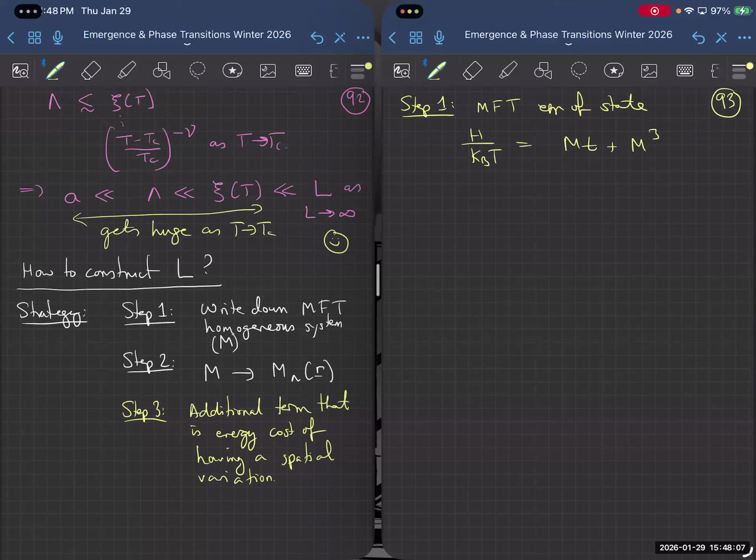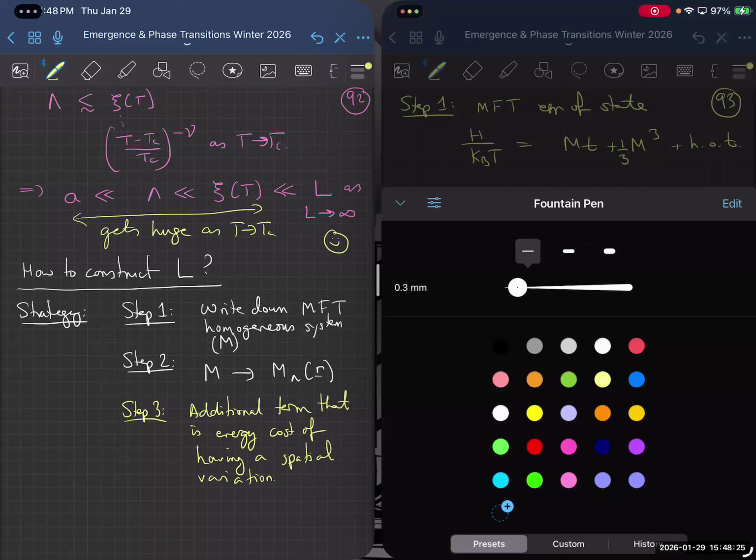And I probably missed out a term here. I know there's a 3 in this somewhere. I'm pretty sure I left out a factor in here. And then there are higher order terms. So that's what we already derived.